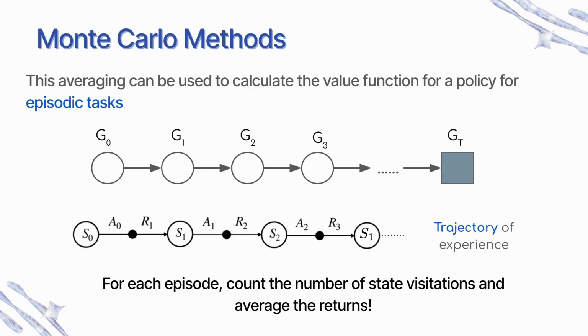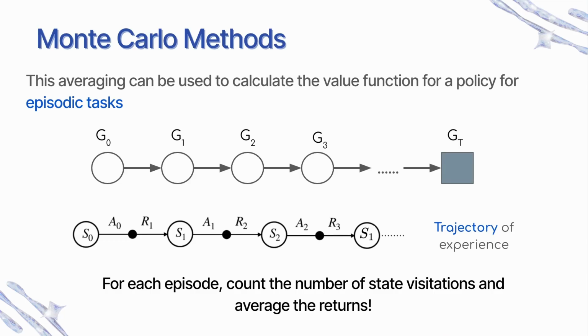What if the task never ends? Let's say you're controlling a nuclear power plant to supply a whole country. You never shut off the power plant because the country needs electricity. So that task never ends, and therefore you cannot use the Monte Carlo method for that because there's never a terminal state you can use to calculate the total discounted return from.